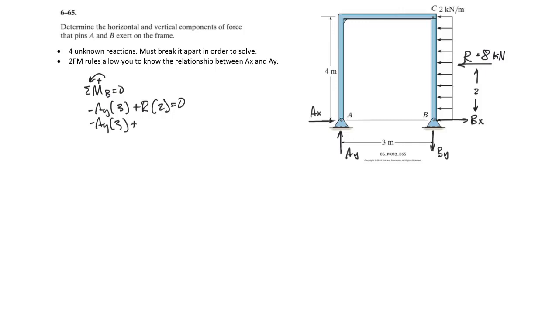I'm looking for AY here, so negative AY times 3 plus 8 times 2 is equal to 0. So I have AY is equal to 5.33 kilonewtons. All right, so there's my first unknown.